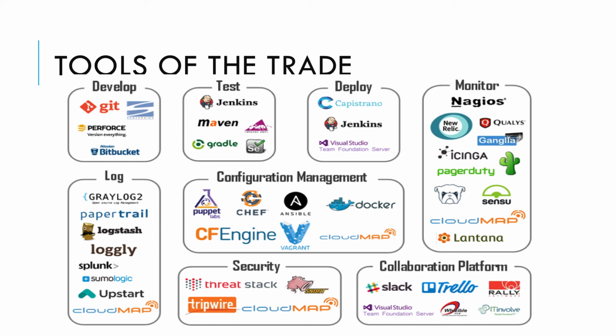CloudMap is another powerful tool for monitoring your cloud computing system. The point being, there's a lot of stuff out there, but keep in mind that the development philosophy known as DevOps is what we're primarily interested in, which is the collaboration between developers and system administrators and quality assurance folks to deliver reliable software.